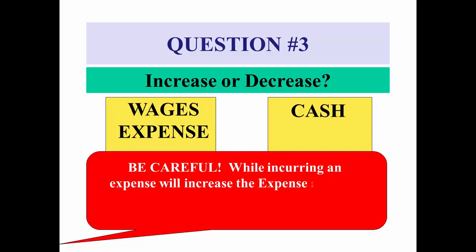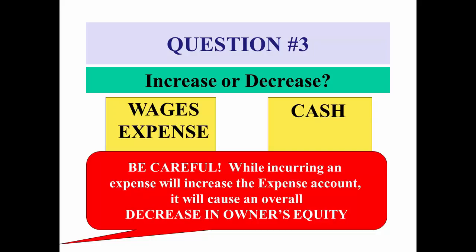However, if I said that I had an increase in an asset and a decrease in owner's equity, it would not balance. Okay, so I have one more step to do whenever I have owner's equity accounts. I have to go back to the chart where I said, does it increase or decrease owner's equity? Now, an increase in wages expense is going to decrease owner's equity.